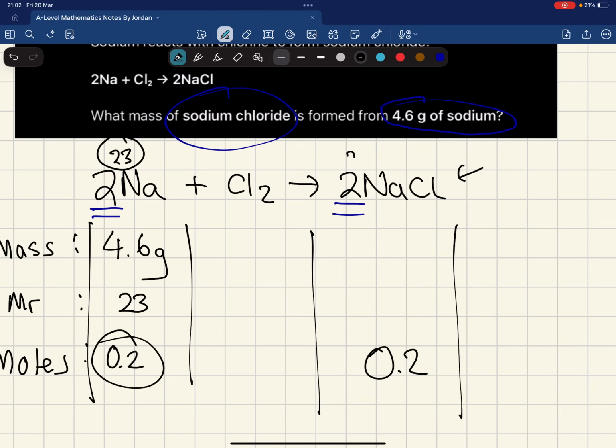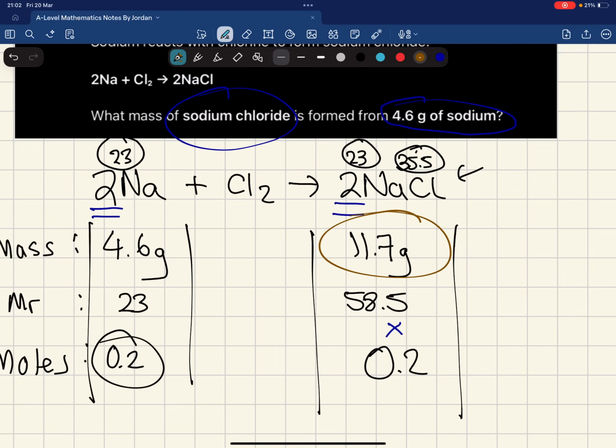Sodium in the periodic table has the 23, remember, and chlorine has 35.5. If you add 23 to 35.5, that would give you 58.5. And finally, if you multiply these two together, that should give you 11.7, which would be the answer to this question.